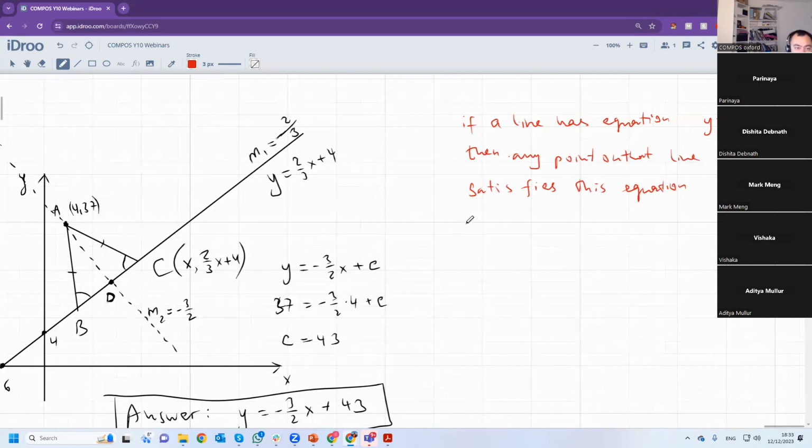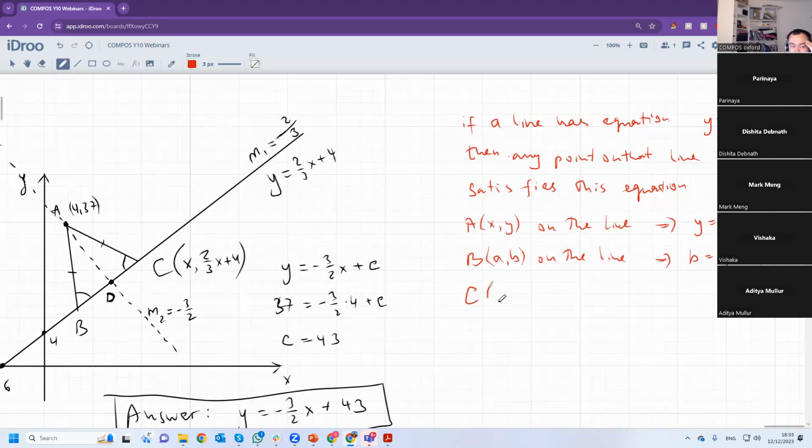So if a point A with coordinates x, y is on the line, that means y equals 2/3 x plus 4. If B with coordinates A and B is on the line, then B equals 2/3 x plus 4.